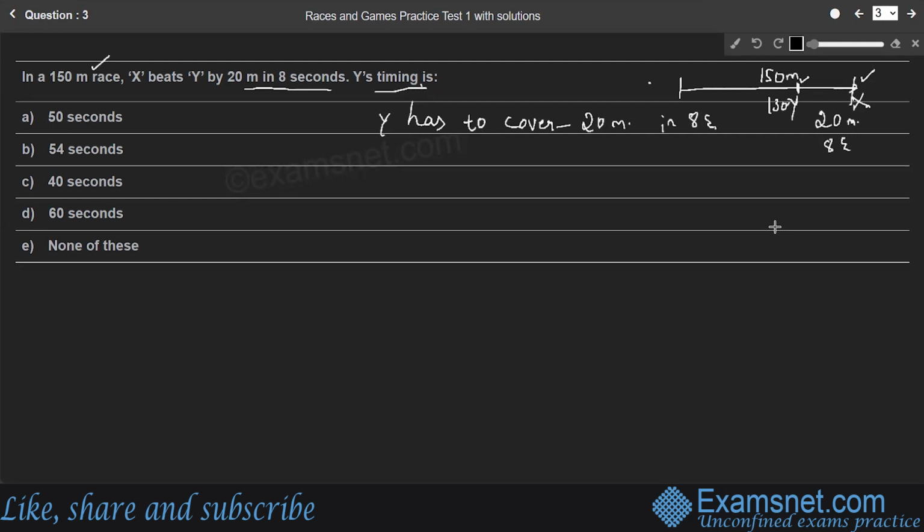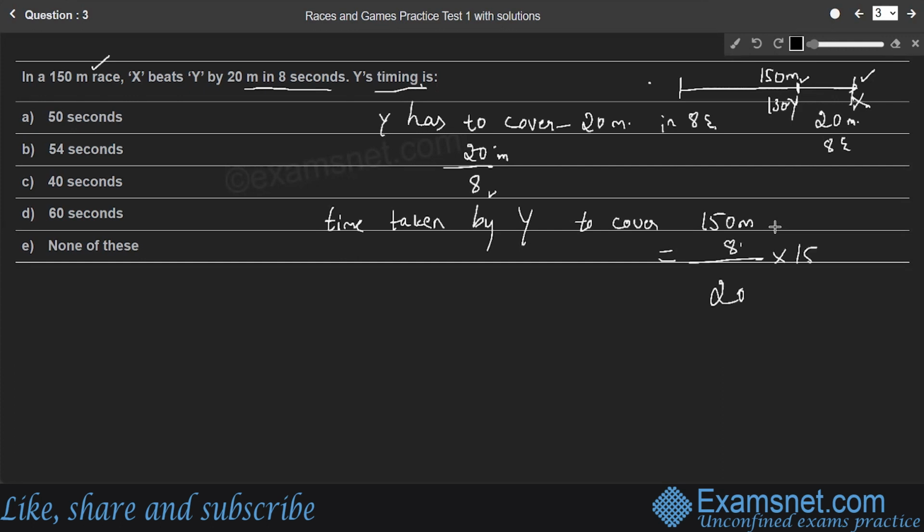So if it covers 20 meter of distance in 8 seconds, what is the time taken to cover 150 meter? So the time taken by Y to cover 150 meter: to cover 20 meter, it takes 8 seconds.